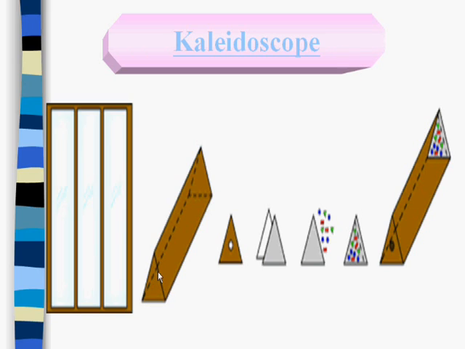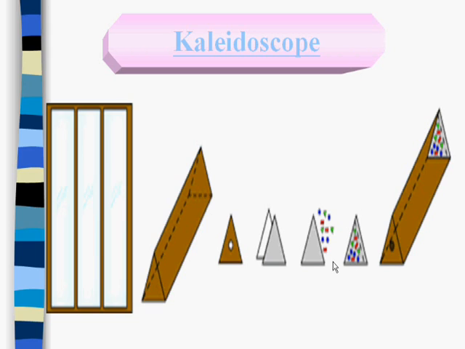At this face we have triangular pieces of glass or mirror, we can say, and on the whole one side we have to put a clear cover so that we can clearly observe what is happening inside.